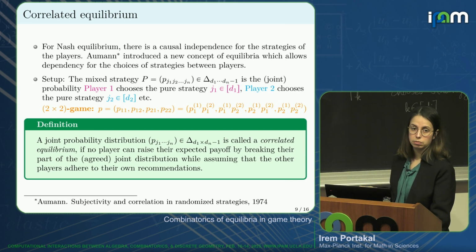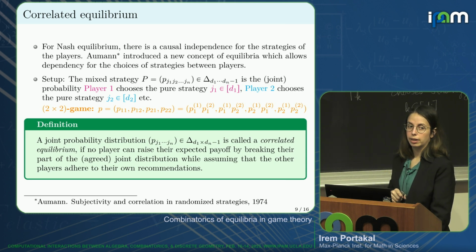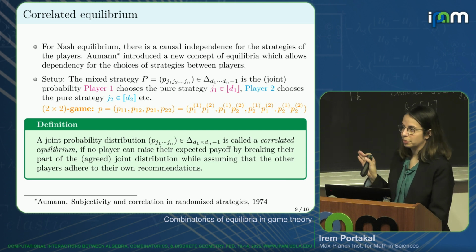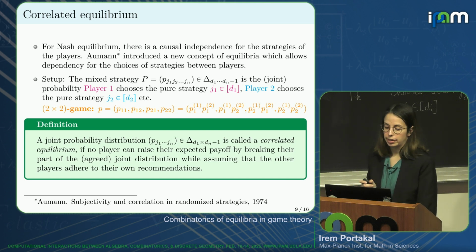And some of you maybe recognize this. This is the Segre embedding, P1 cross P1, or rather the kernel of it, which is going to be the ideal defining it. This is no coincidence, and we're going to see in a picture how this relates to Nash equilibria. The formal definition is as follows.